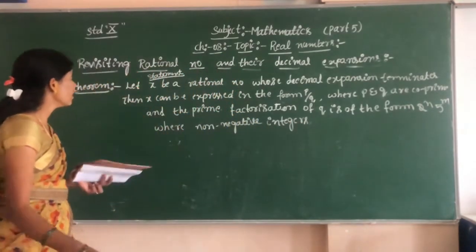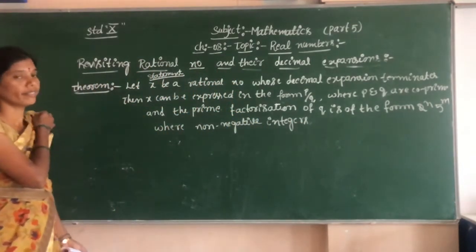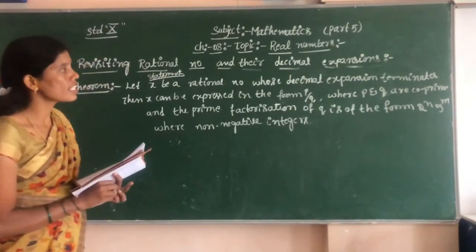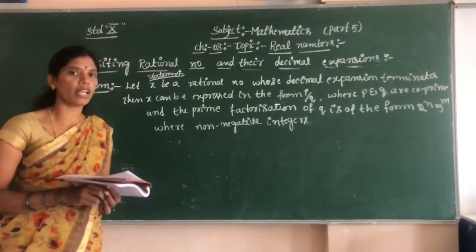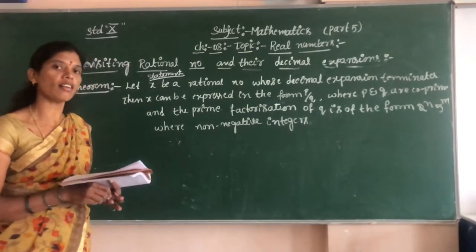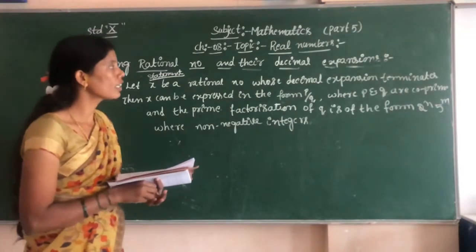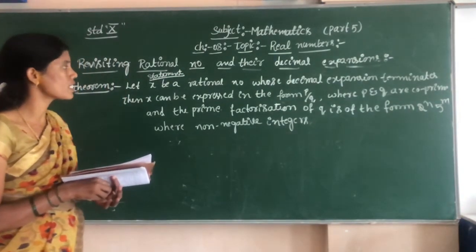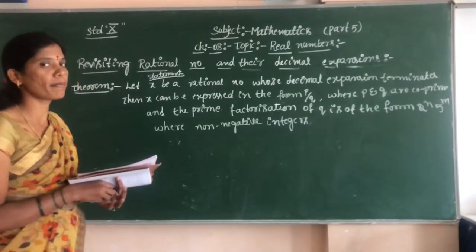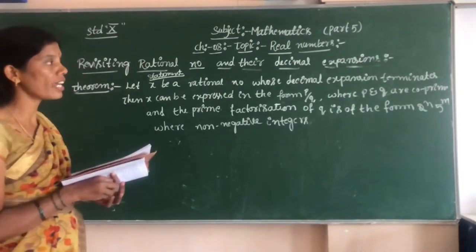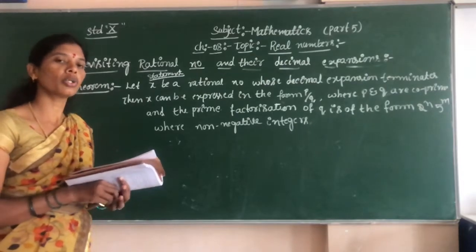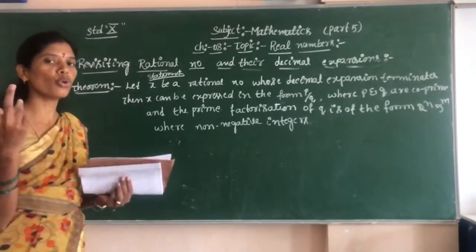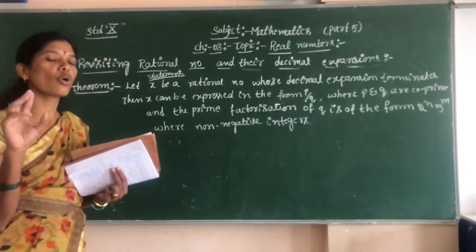Okay, you see children, let x be a rational number. Already you know a rational number, whose decimal expansion, already you know, has a decimal point, terminates. Then x can be expressed in the form p by q, which is a rational number, where p and q are co-prime. Two numbers that are co-prime are also called co-prime.